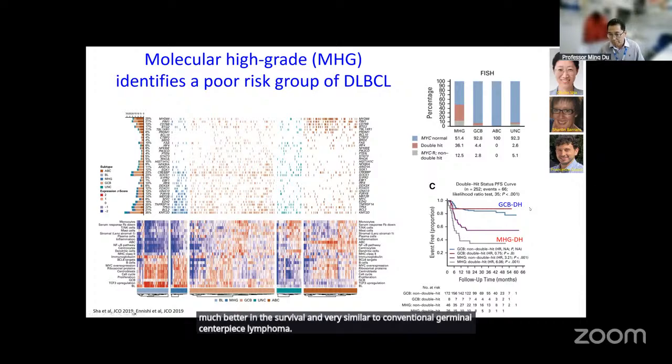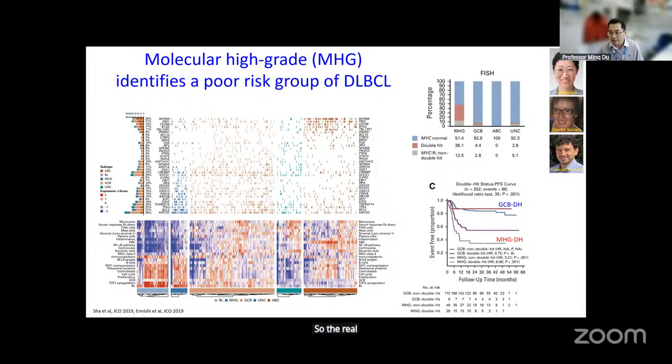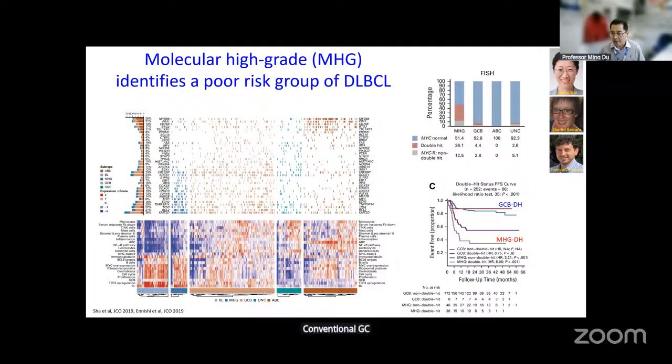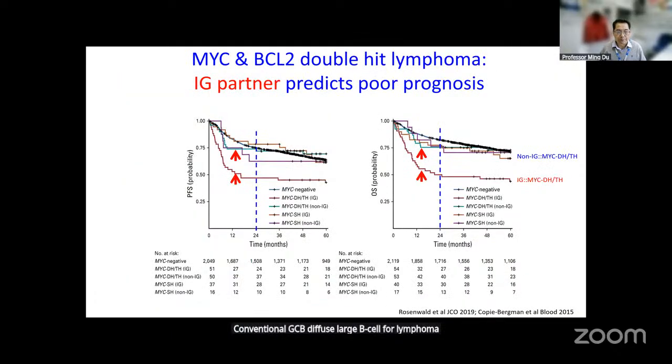So the real question is why the double hit behaves differently. Some of them behave very aggressively, while others are more like conventional GCB diffuse large B-cell lymphoma with a better prognosis. In the same year, there was another study from the Lunenburg Biomarker Consortium.